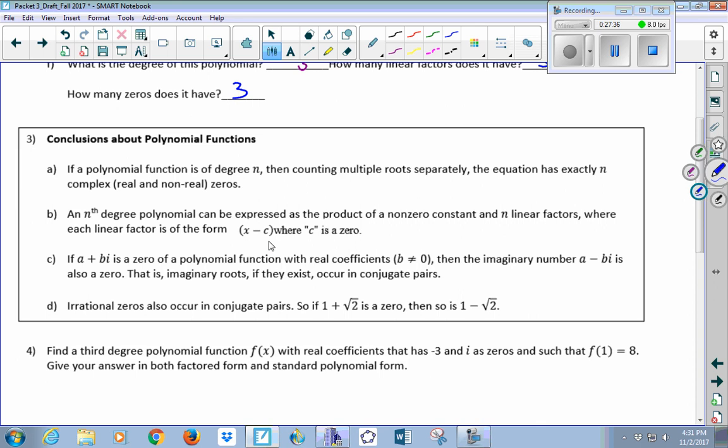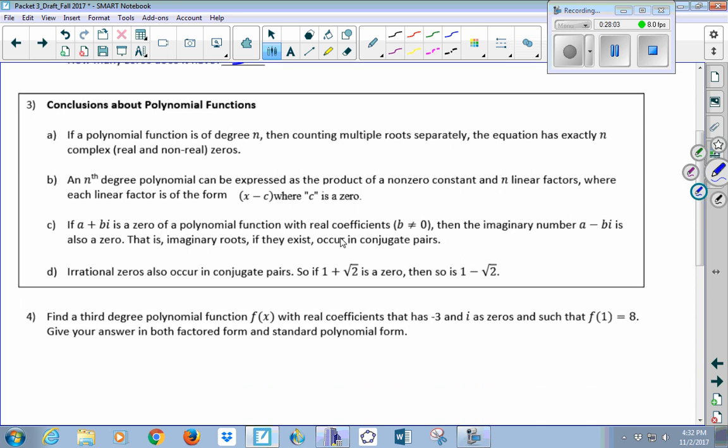Whatever your zero is, it could be as simple as the number 1, or as complicated as one of the ones we just looked at, (-3 plus the square root of 5) over 2. But it will always have that form, x take away your zero. Now, if your zero happens to be a negative number, it's going to be x take away a negative number, which simplifies to x plus the number.